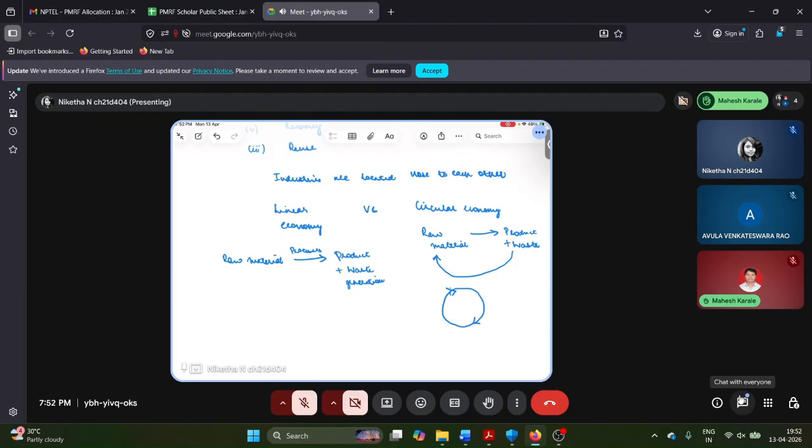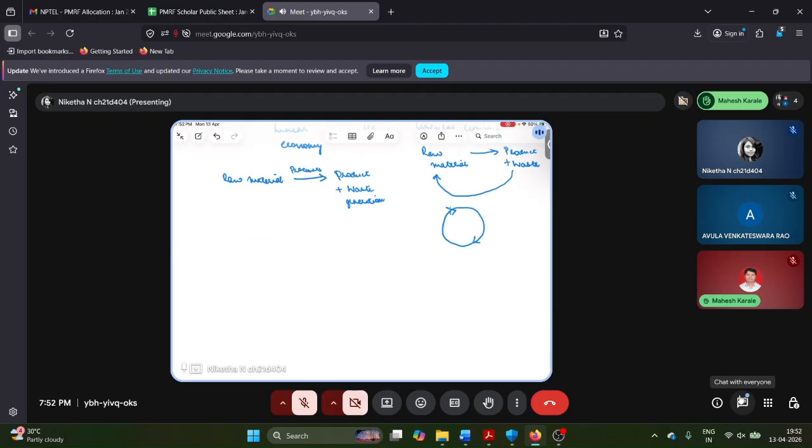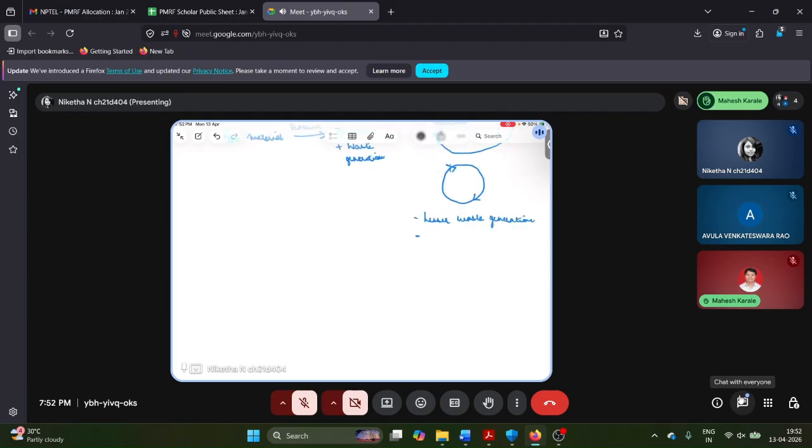So it is always going to be used in the process. So compared to a linear economy, a circular economy produces lesser waste and also ensures less demand for raw materials.